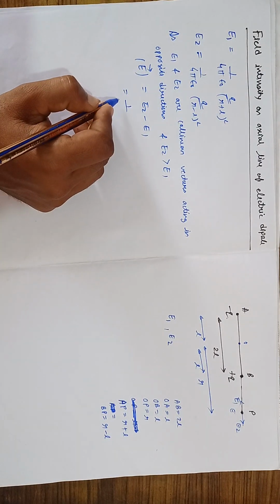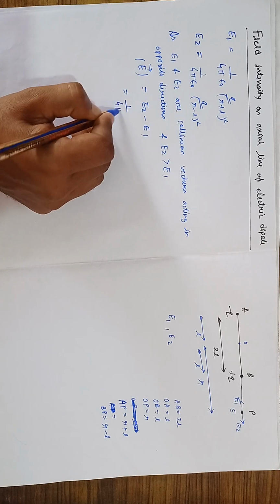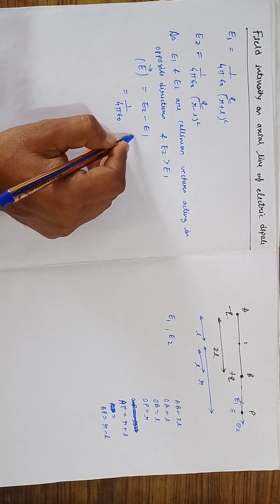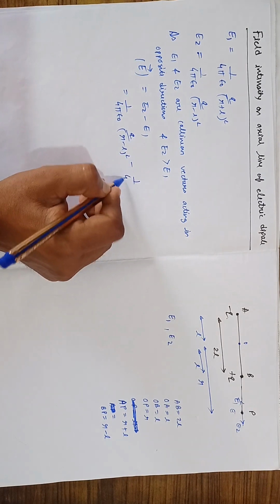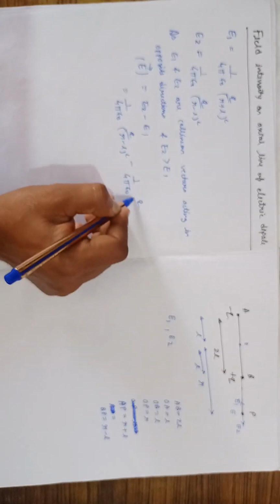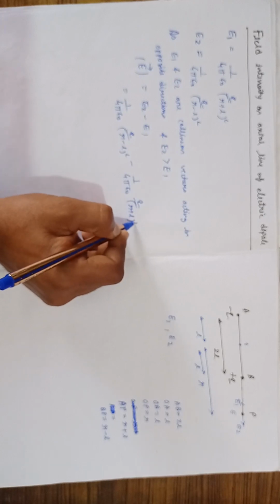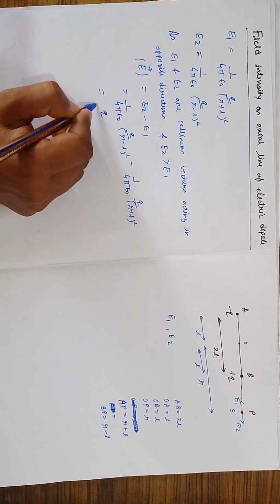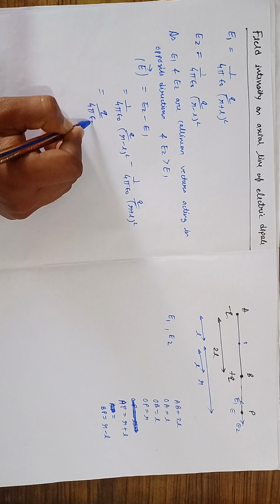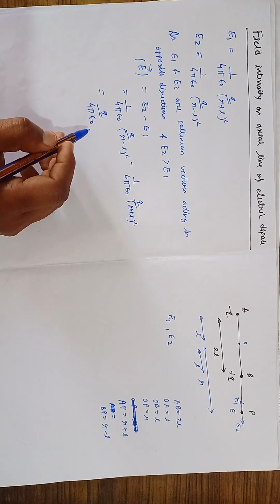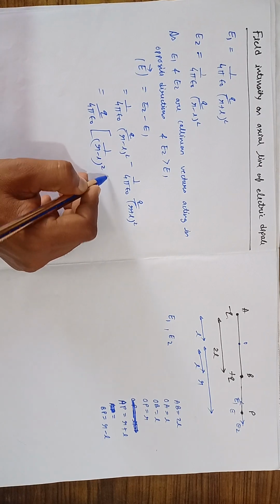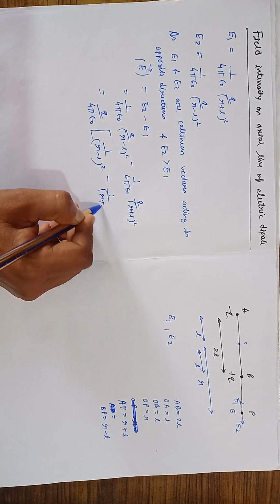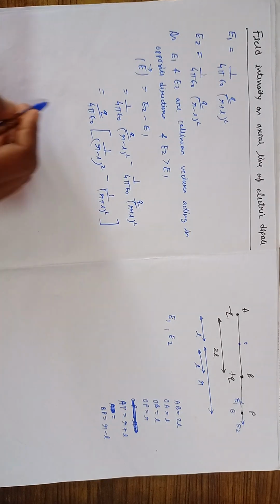We will write the value of E2, that is 1 by 4 pi epsilon naught q by (r minus l) whole square, minus 1 by 4 pi epsilon naught q by (r plus l) whole square. We will take q by 4 pi epsilon naught out, then it will become 1 by (r minus l) whole square minus 1 by (r plus l) whole square.